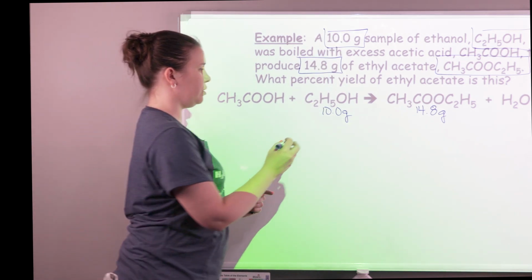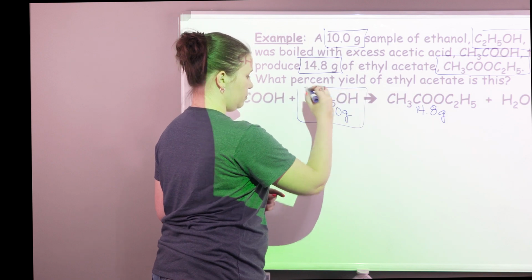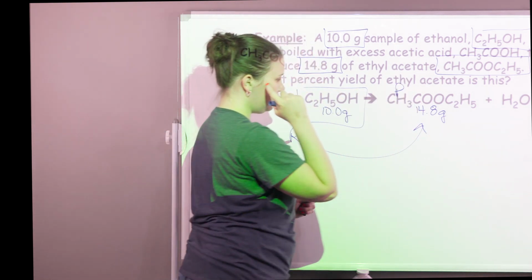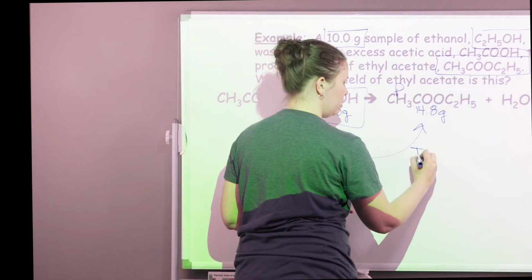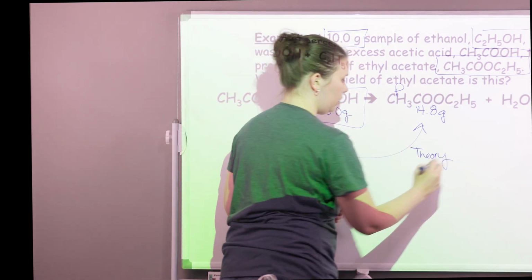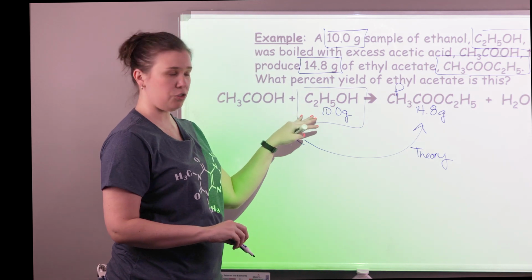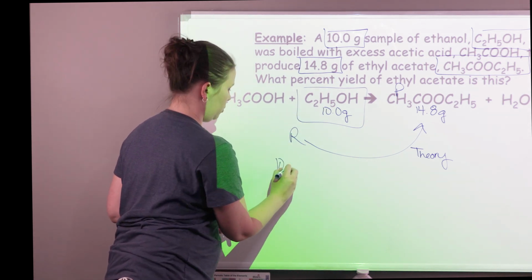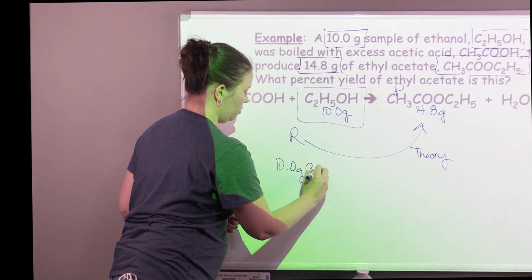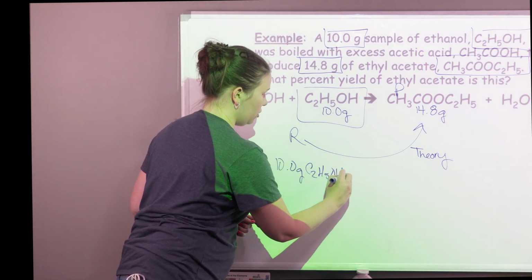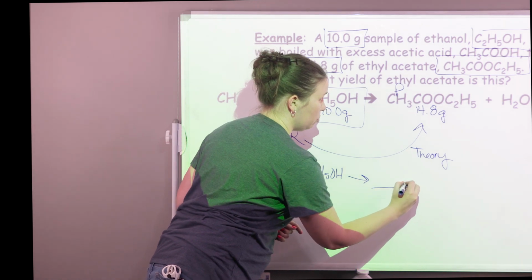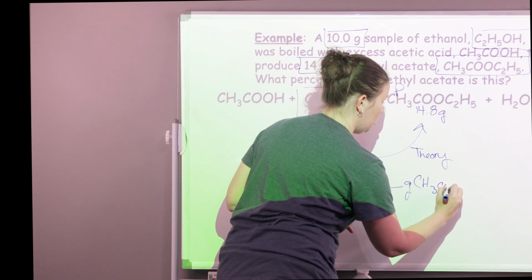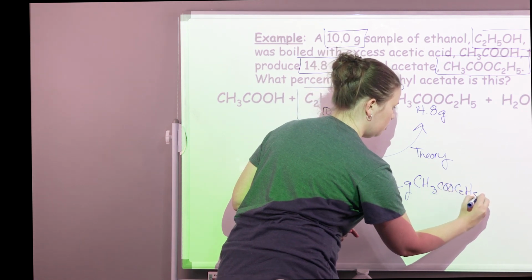Our goal is going to be to take the reactant and turn it into this product and figure out how much we should get in theory. This conversion of 10, let me use my sig figs, 10.0 grams of the C2H5OH into some number of grams of this big old guy, CH3COOC2H5.